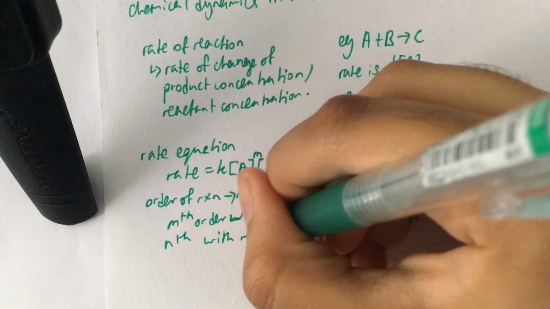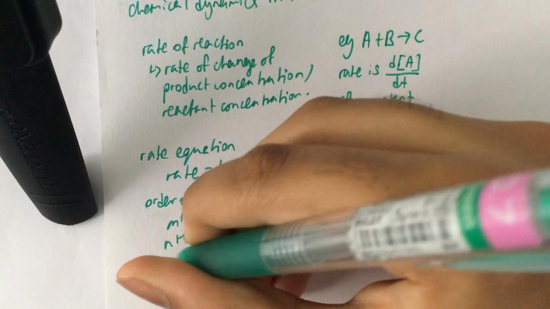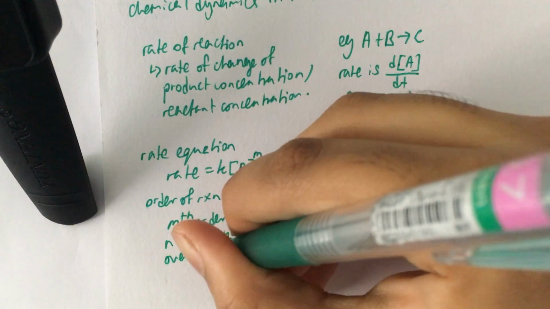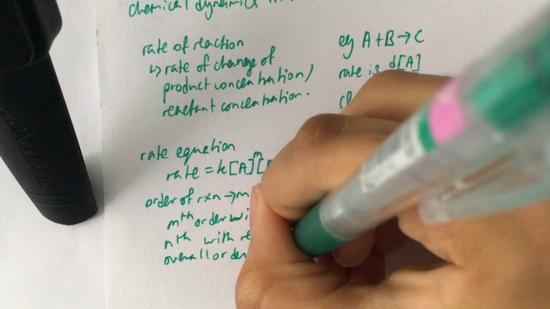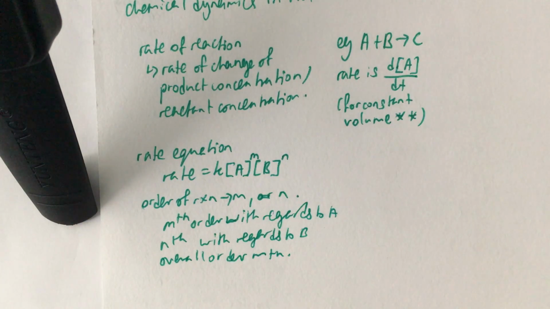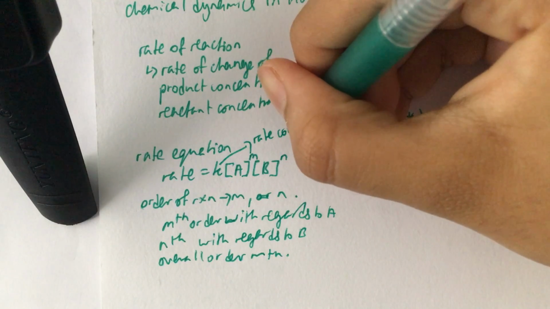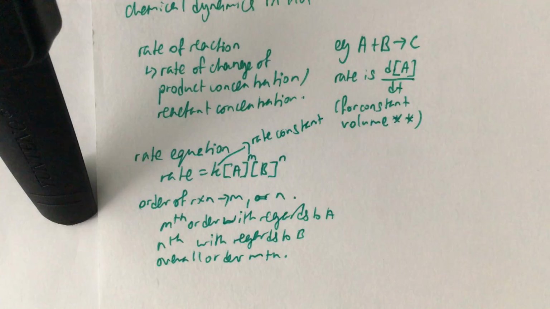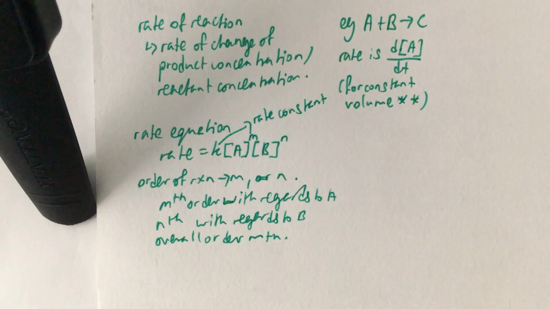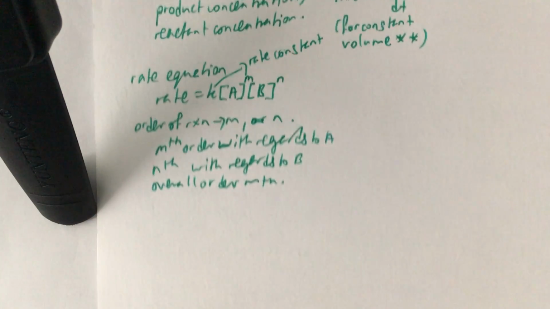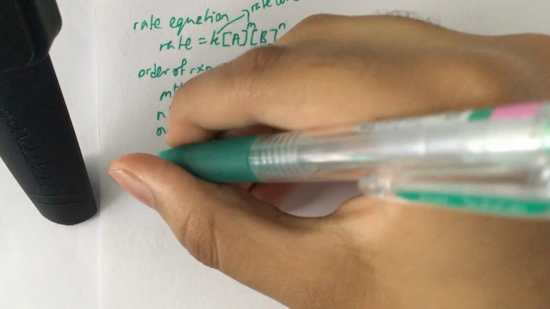Rate constant is the k, which is the constant of proportionality in the equation. The half-life of a reaction is the amount of time it takes for the concentration to decrease by half, basically to become 50% of what it was originally.